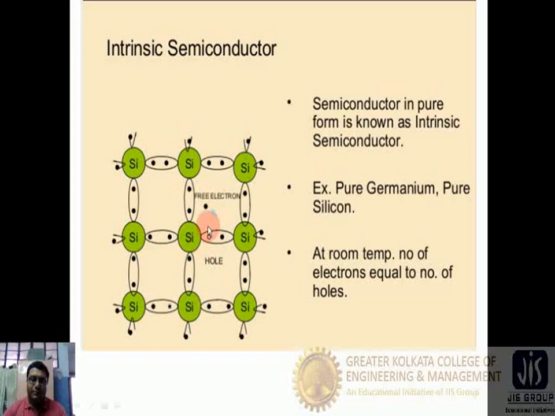The absence of this electron, this vacancy of the electron, is known as the hole. The electron is the negative charge and the hole is the positive charge. As the electron comes out from the covalent bond, there is a vacancy, so there is a deficiency of the electron.